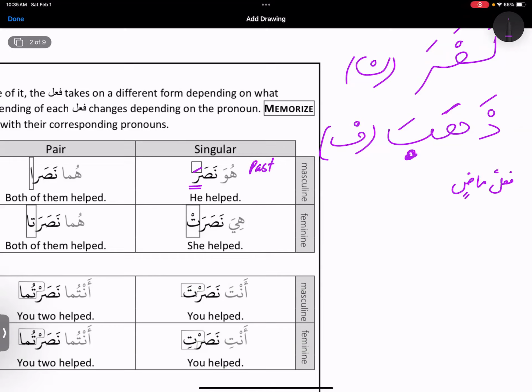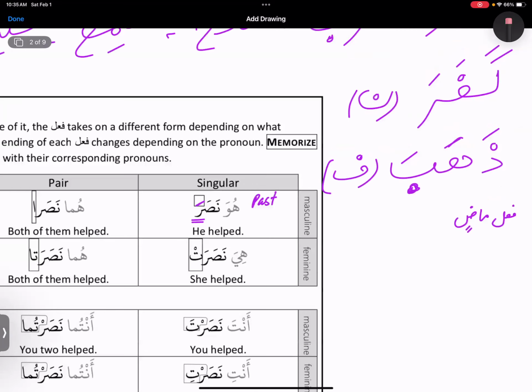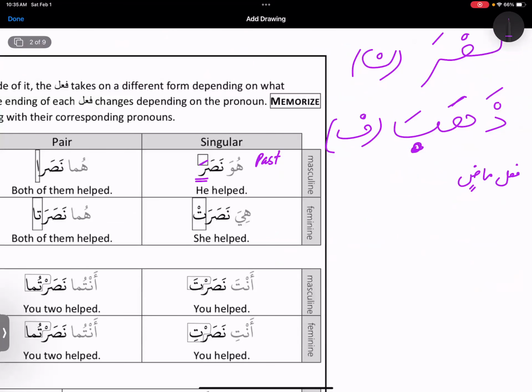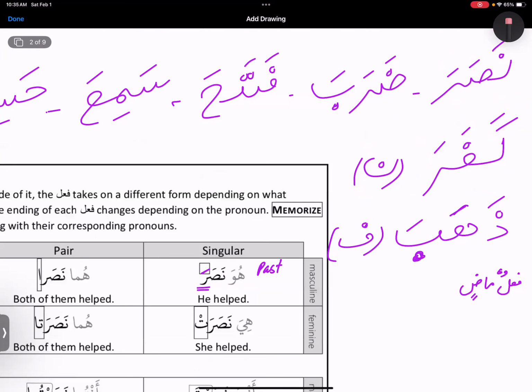Yeah, Fi'lu Madin. What other way can I say? Fi'lun madiyun. Yeah, so either I can say Fi'lun Madiyun, right? So either I can make it a mawsuf sifa construction or I can make an idafa construction.